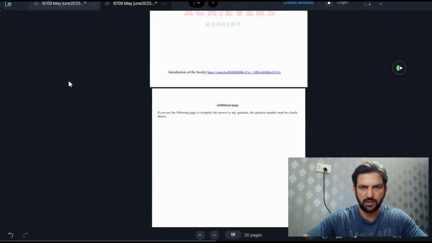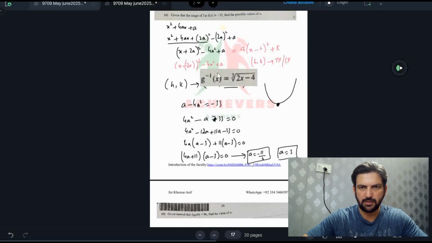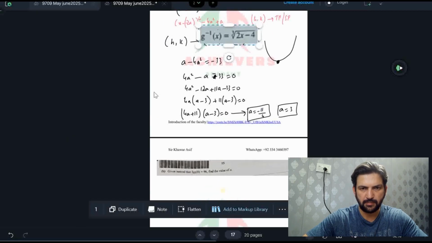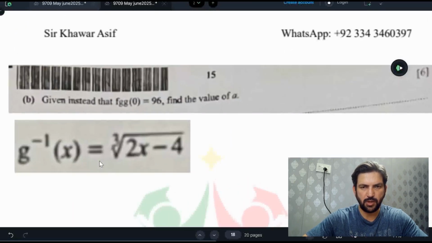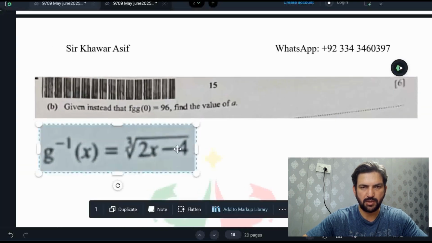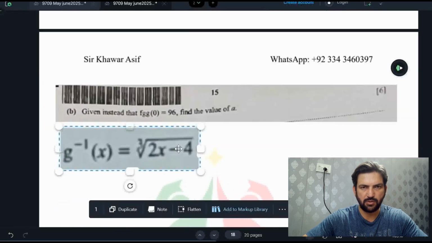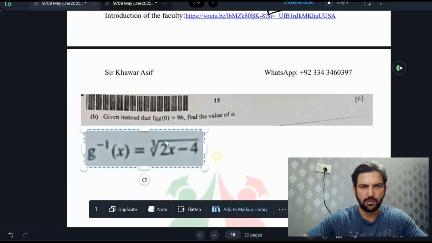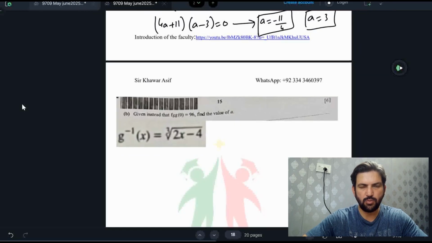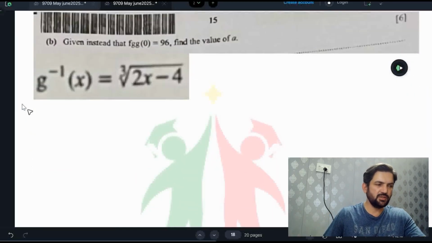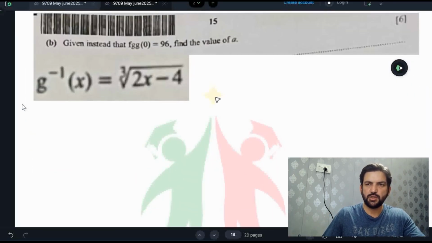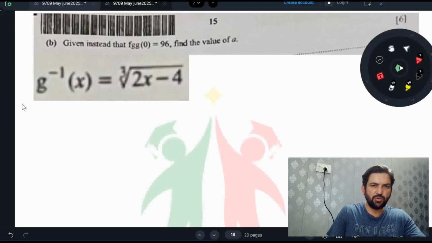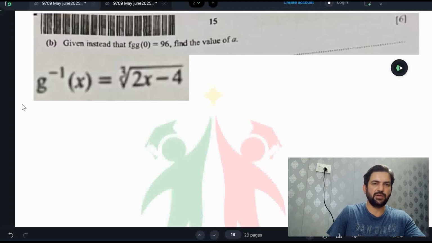So we can take g inverse as common. Now what we can do is, g inverse of x is this. So first of all we have to find g of x.